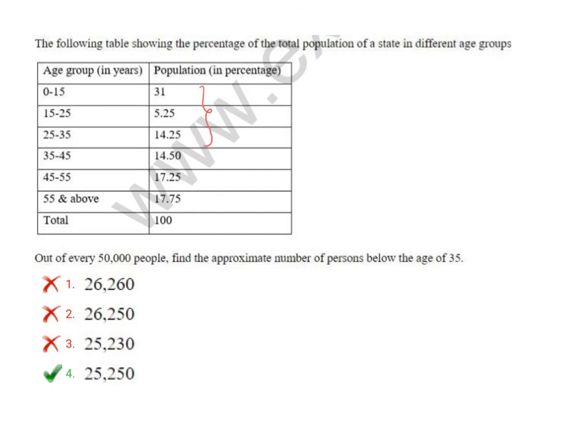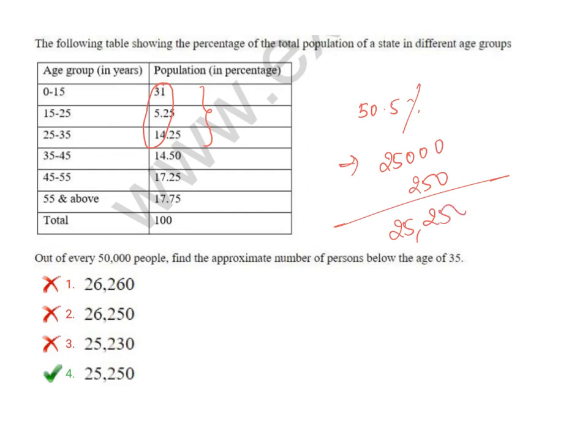So it is 31, then 5.25, then 14.25. 31 plus 19 is 50. 0.25 plus 0.25 is 0.5. So therefore it is 50.5%. 50% of 50,000 people is 25,000. Then 0.5% is 250. So put together it is 25,250.